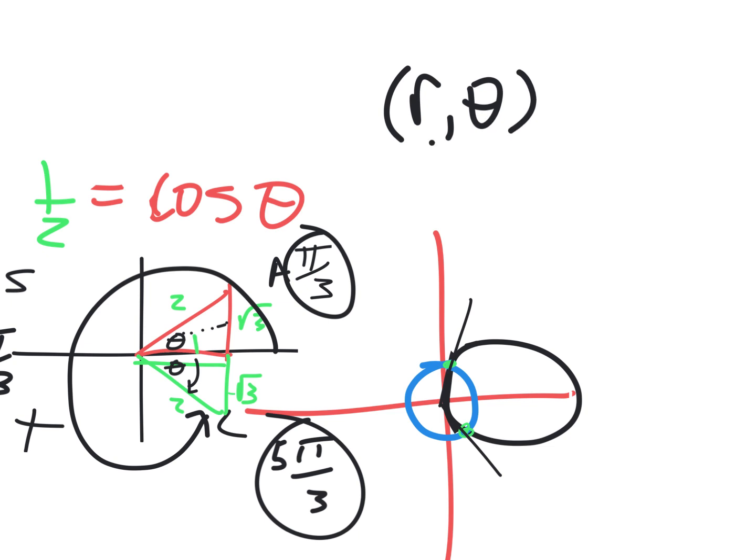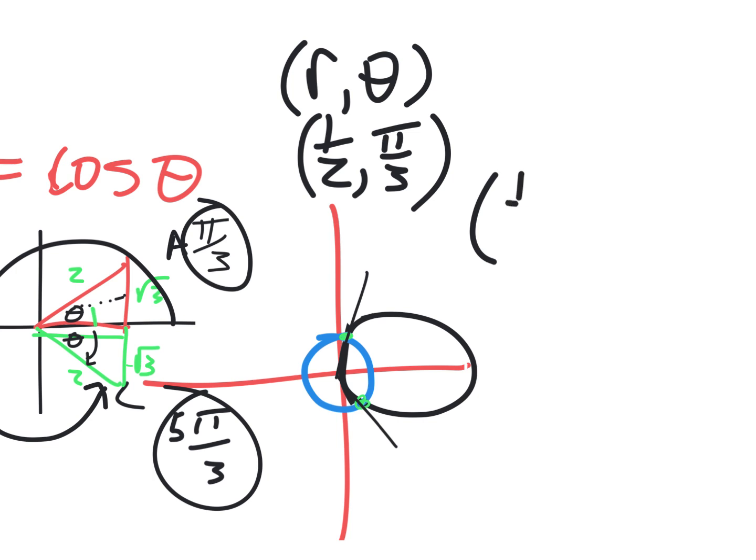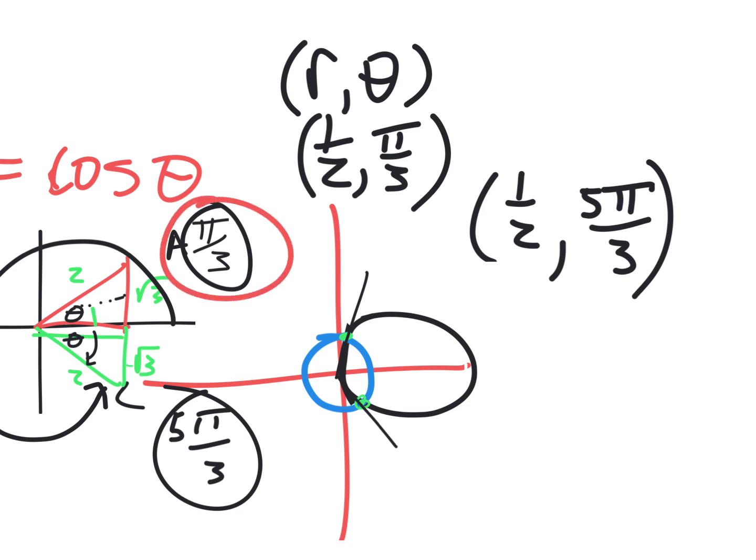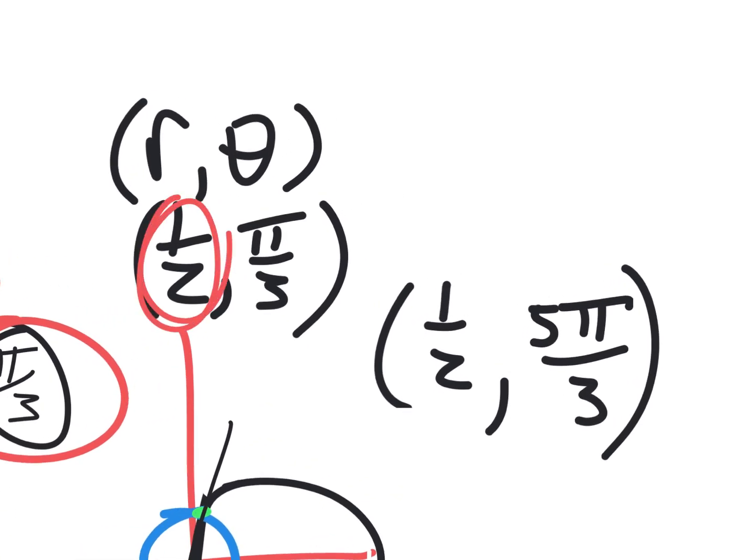It said r equals 1/2. 1/2 comma pi over 3 and 1/2 comma 5 pi over 3. Now, I understand the instinct to just solve this and get these two answers, but the problem today in the homework, and also, you'll see this eventually on your test, says you have to find intersection points. So if it's a point, you got to give your r along with your theta.